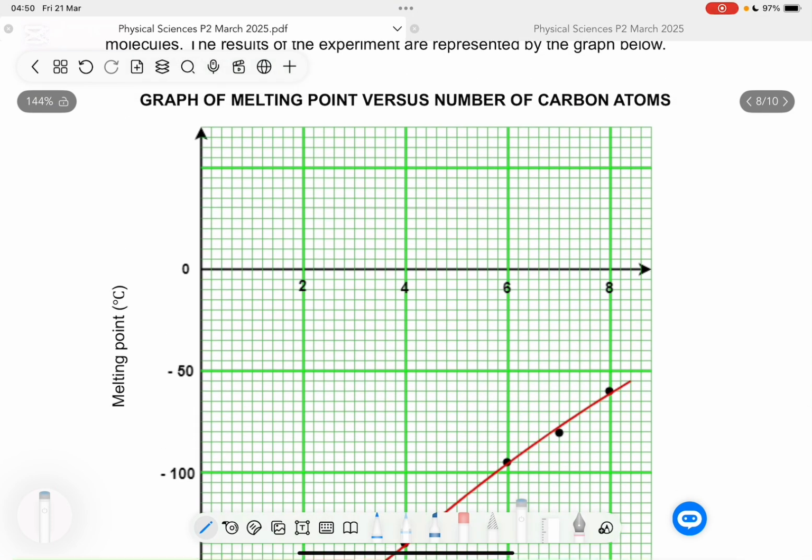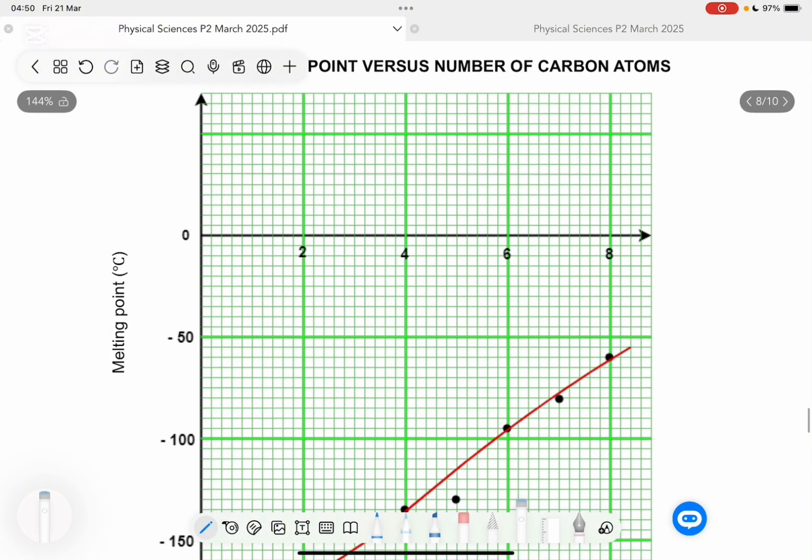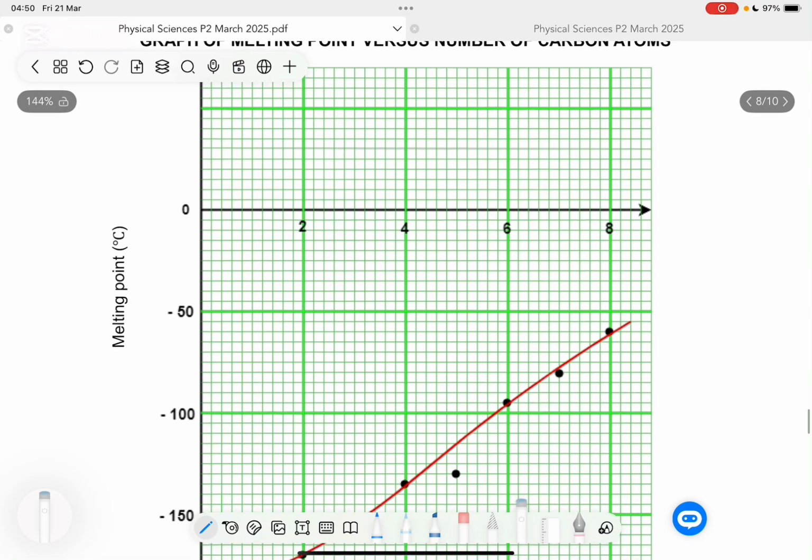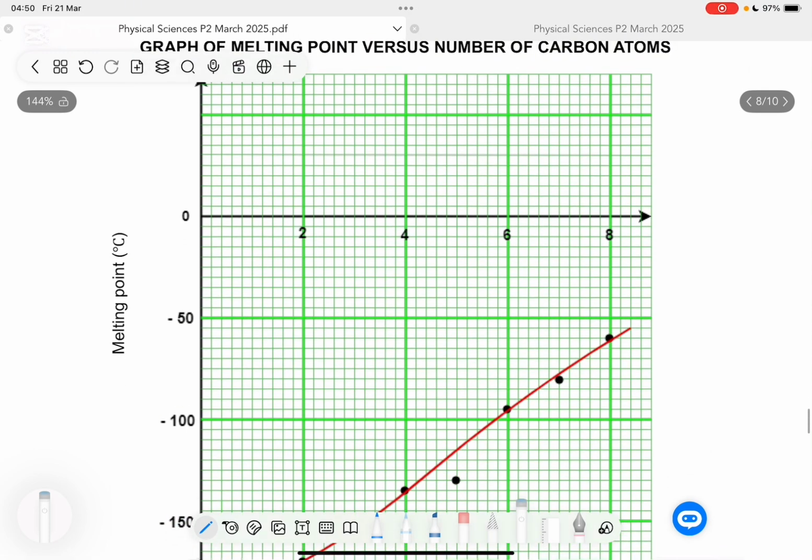Perhaps the first thing to look at in this graph is to check my intervals, because I know that I have the number of carbon atoms. So here I have 2 carbon atoms, 4 carbon atoms, 6 and 8. But you have to notice that in between, because the graph is drawn using a scale, we must have somewhere midway 1 carbon atom.